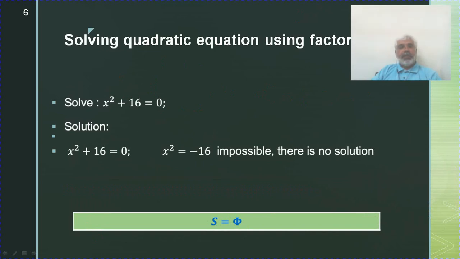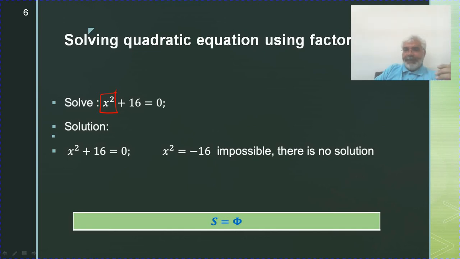Okay, what about this? x squared plus 16 equals 0. If you take a look at x squared plus 16, you have a number, x, that you square, and then you add a positive number, 16, and still the value equals 0.